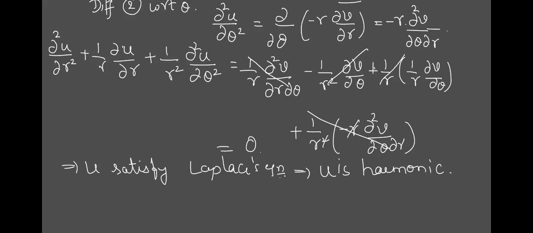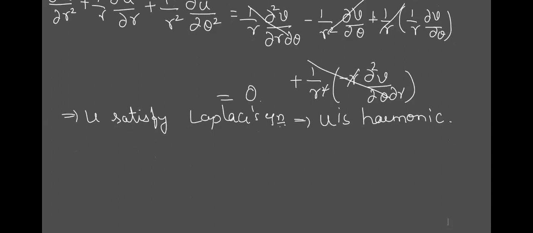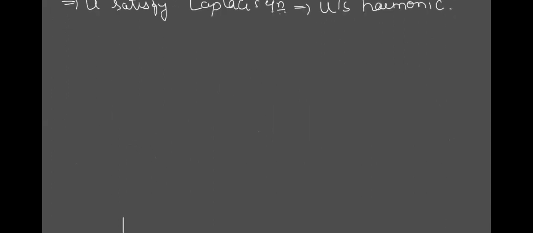See, on similar lines you can prove. Same way, if you remember, in Cartesian form, how on similar lines we proved it for V. Here also you can do it. Else, I have one more method. Just see, if you are comfortable with this, no problem.